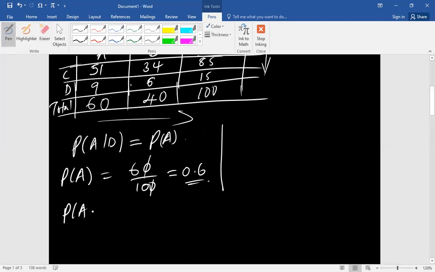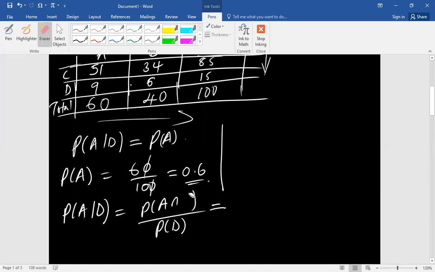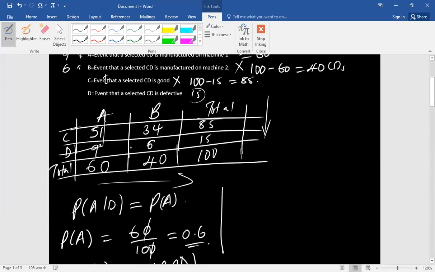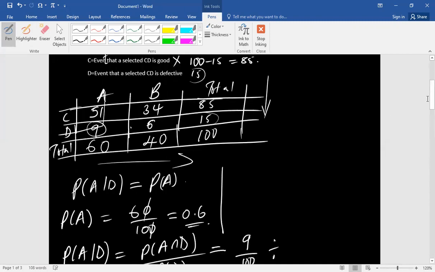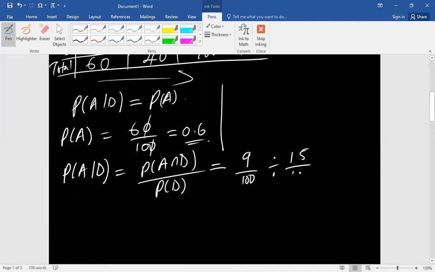The probability of A given D is equal to the probability of A intersection D over the probability of D. So for A intersection D, we have 9 over 100, and then divide by the probability of D. D is this whole thing here, which is 15 defectives, so that is 15 over 100 as well.